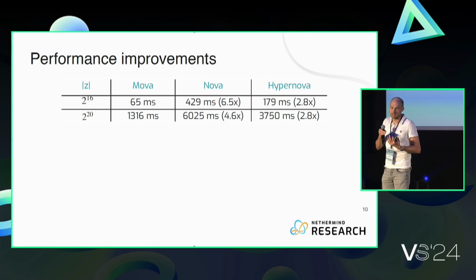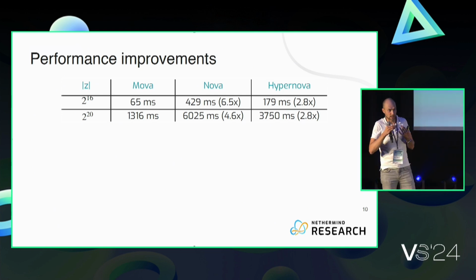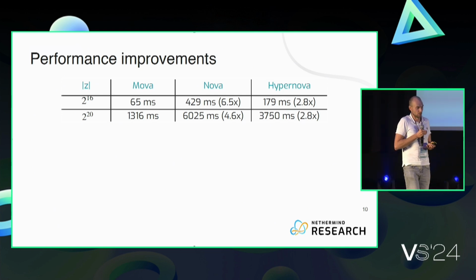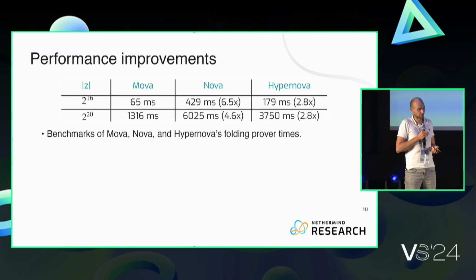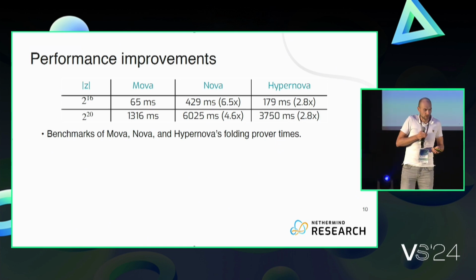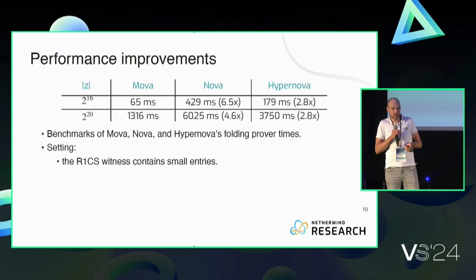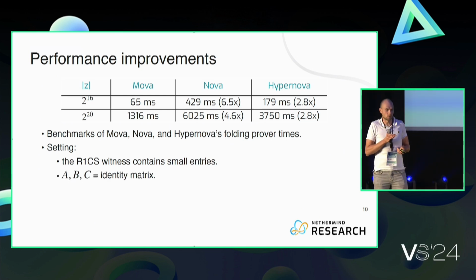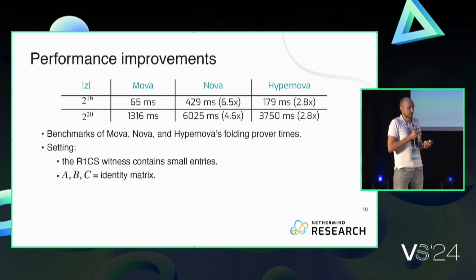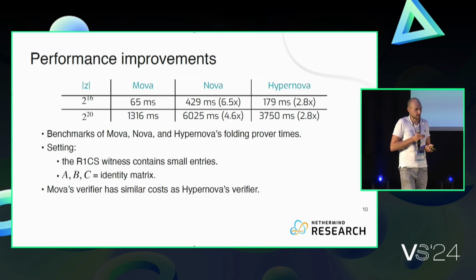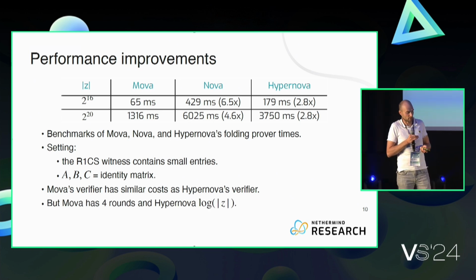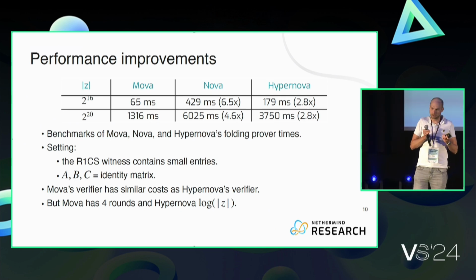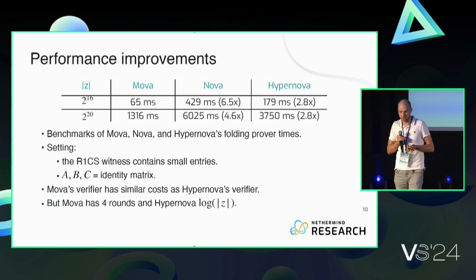This comes from the fact that Nova performs a bit better with larger instances. In the setting we used, the R1CS witness contained only small entries, and A, B, C were identity matrices. Mova's verifier cost is similar to the HyperNova verifier, but we have a constant number of rounds, and HyperNova has a logarithmic number of rounds.